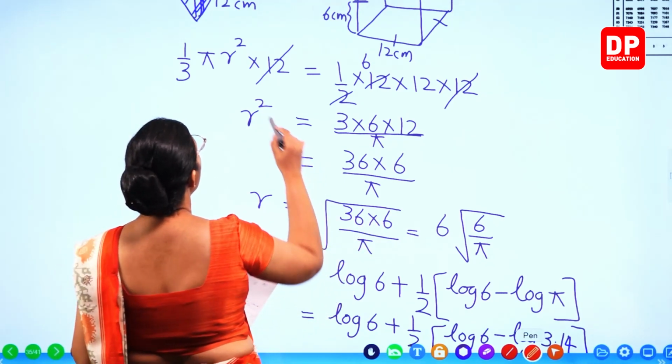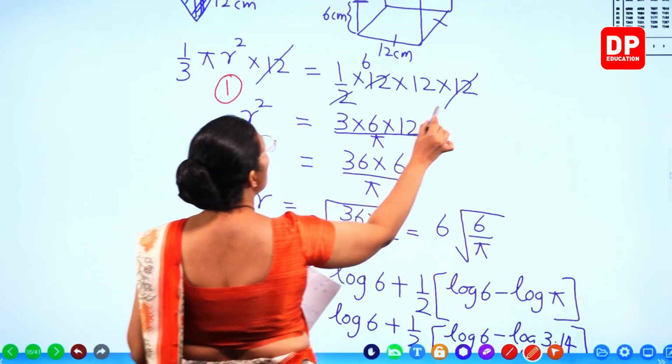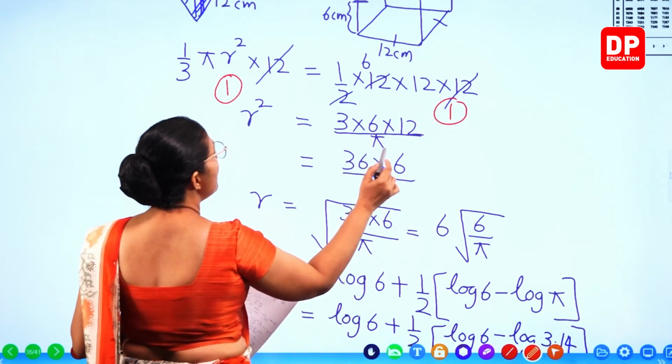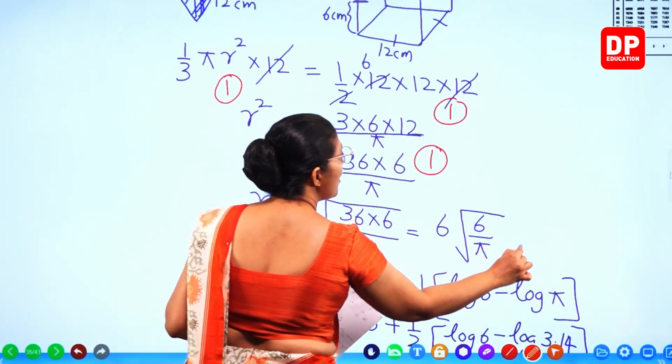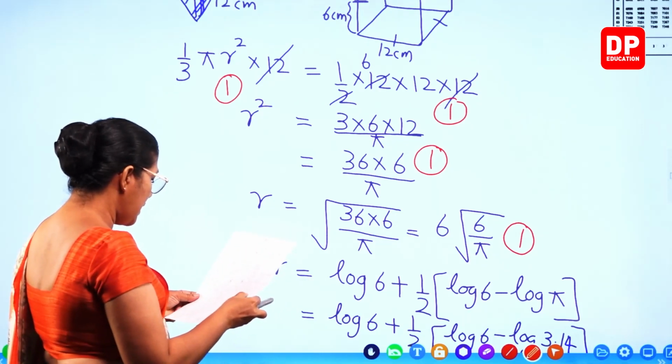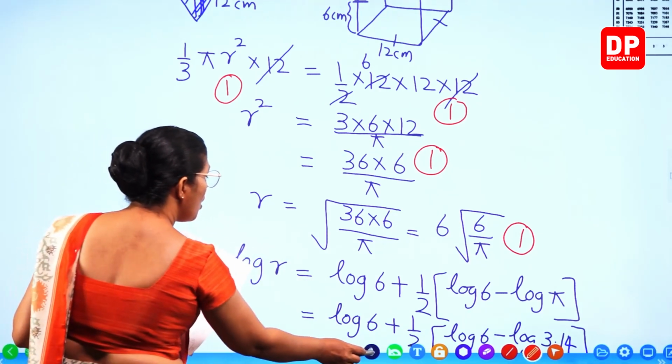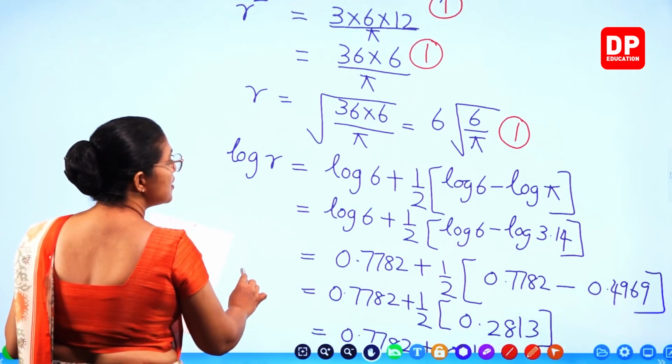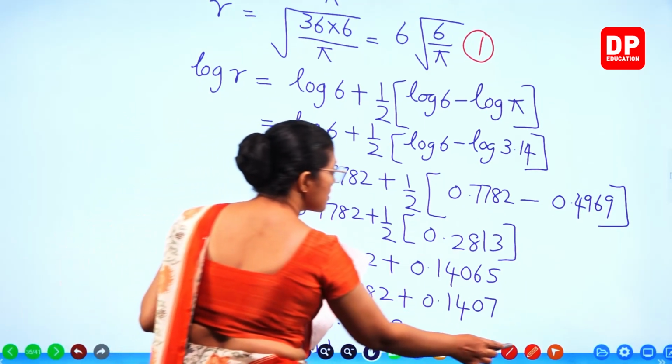Let's give 1 mark for this, 1 for making this, and 1 mark, 4 altogether for that part, and then 6 marks for finding the answer.